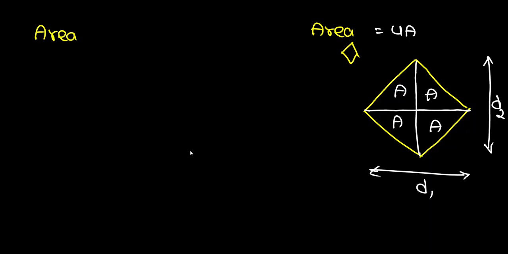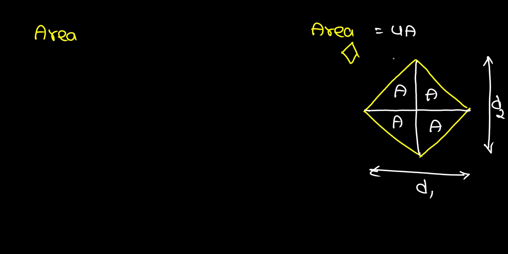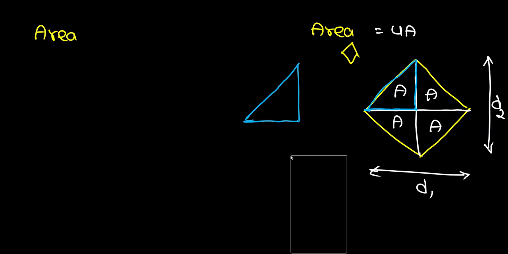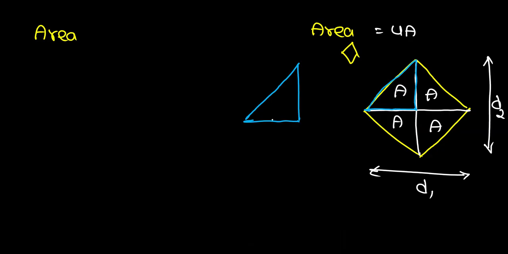Now if I focus on the above part, one triangle, the triangle base will be D1 by 2 because it's half. The total is D1, we are taking only half, D1 by 2. The height will be D2 by 2. Now, what is the area?